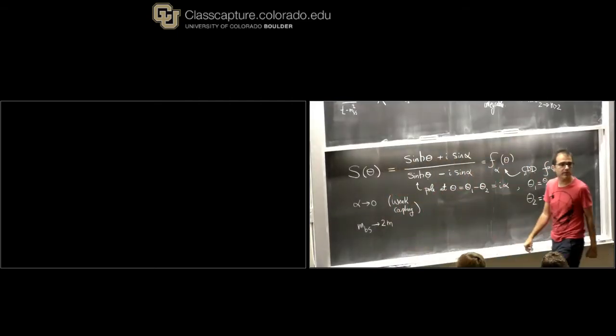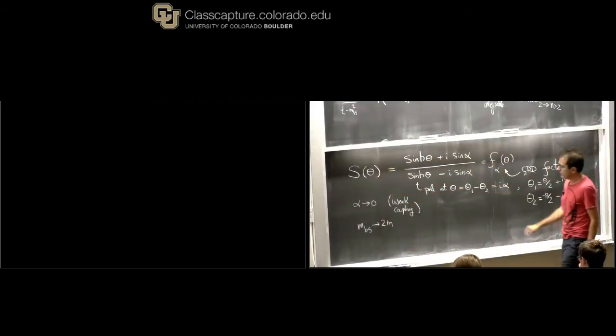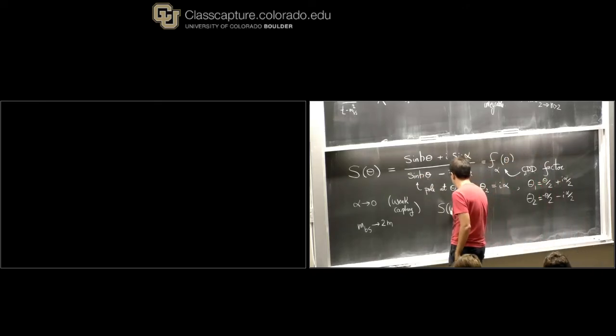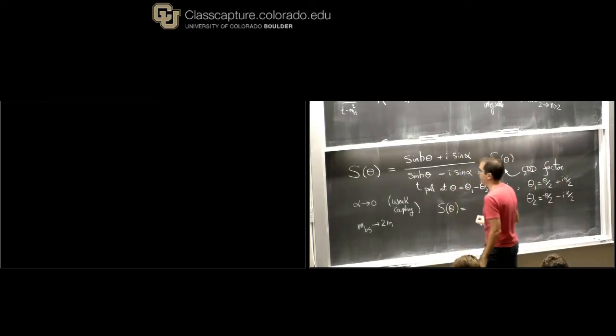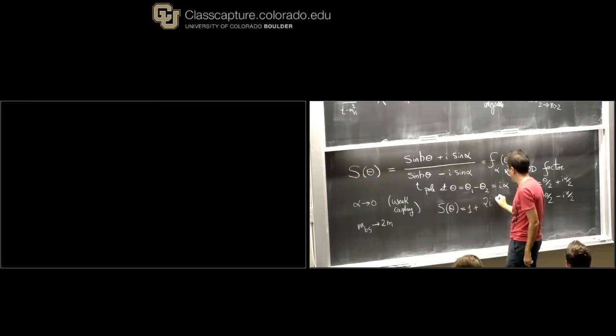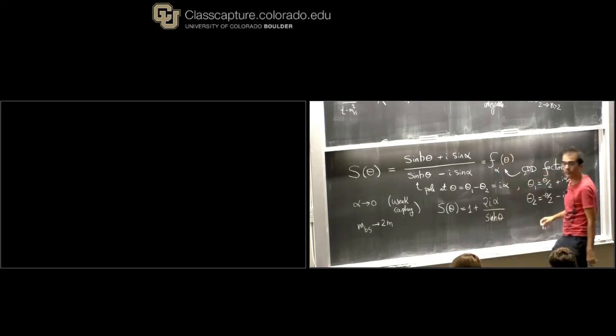It's very weakly coupled. And what is happening to our S matrix of theta? What is it when I expand? It's 1 plus 2i alpha over sinh theta. Do you agree?